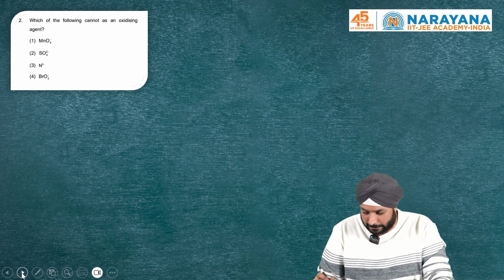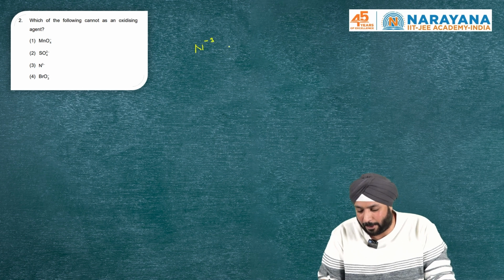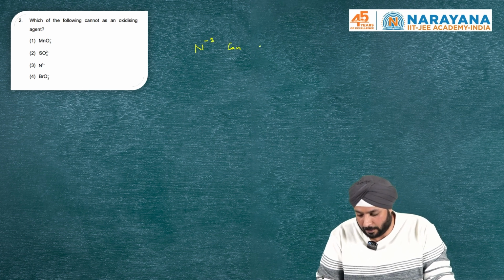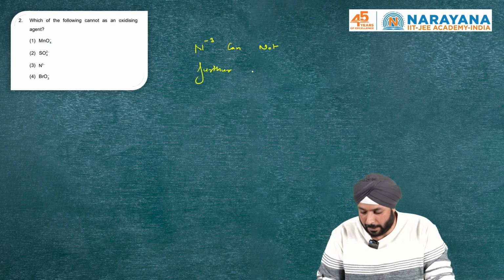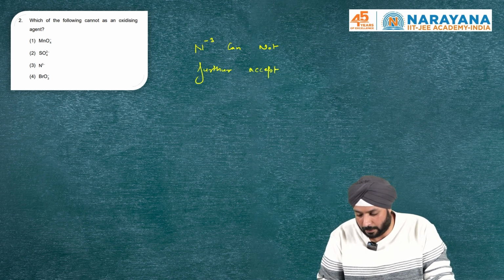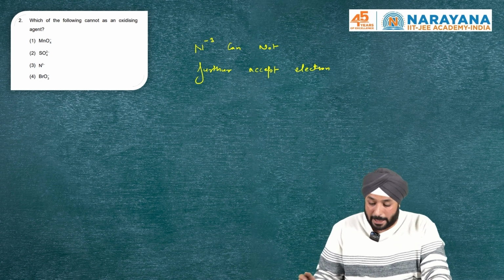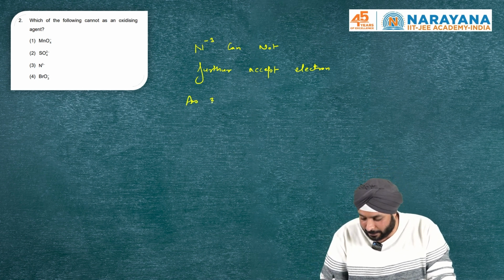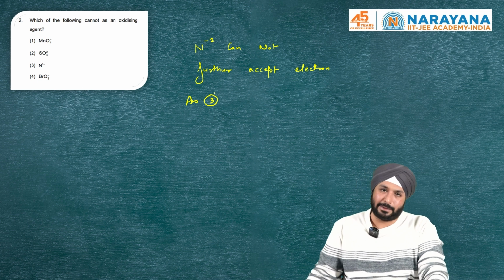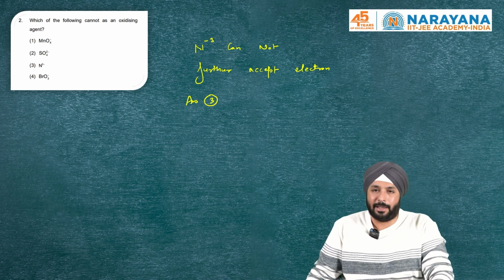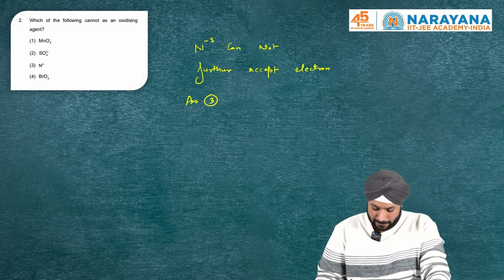So the answer should be N minus 3, because N minus 3 cannot further accept electrons. So the reduction of N3 minus cannot take place. So clearly the answer should be 3. Again, a straightforward question, NCERT based, very simple question, right?